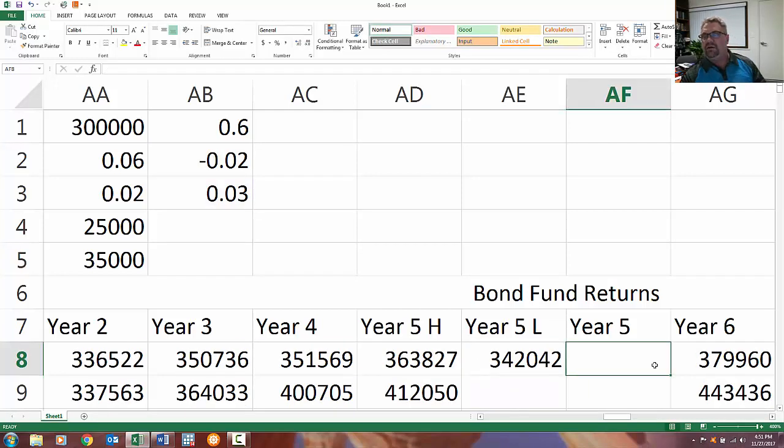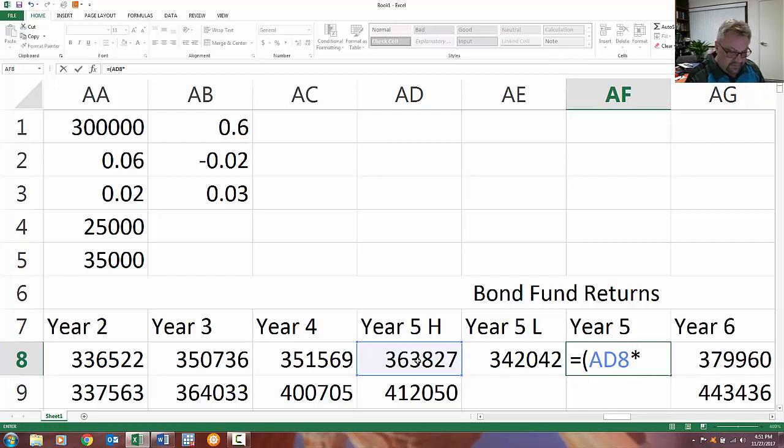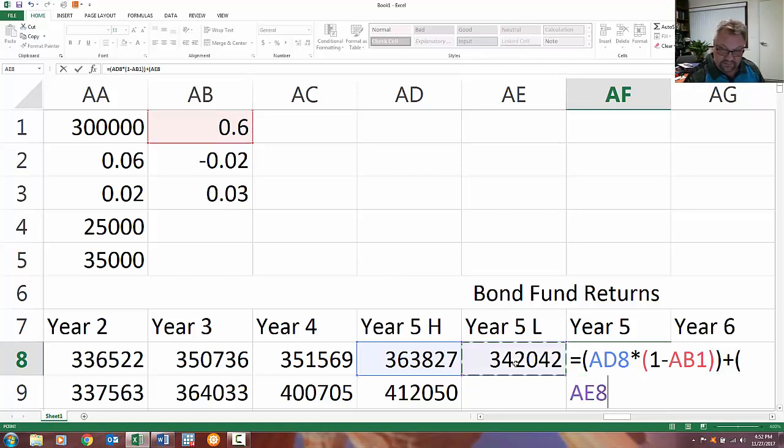And then my year 5 weighted average return is going to be the year 5 returns if there is no recession times the probability of not being in a recession. Well, that's just 1 minus the probability of being in a recession, plus the year 5 returns I would get if there is a recession times the probability of being in a recession.